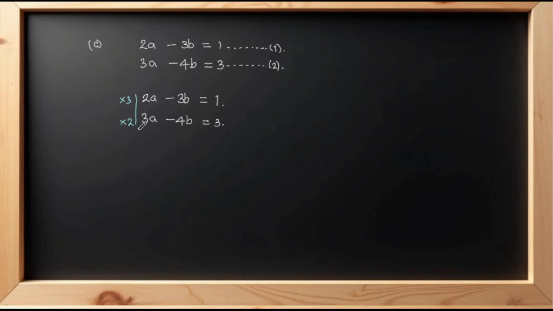So the result of multiplying these equations will be 6a minus, so it's not 3 but 9, minus 9b equals 3, because 1 times 3 is 3, and then 2 times 3 we have 6a, and then 2 times negative 4 we get negative 8b equals 2 times 3 we get 6.